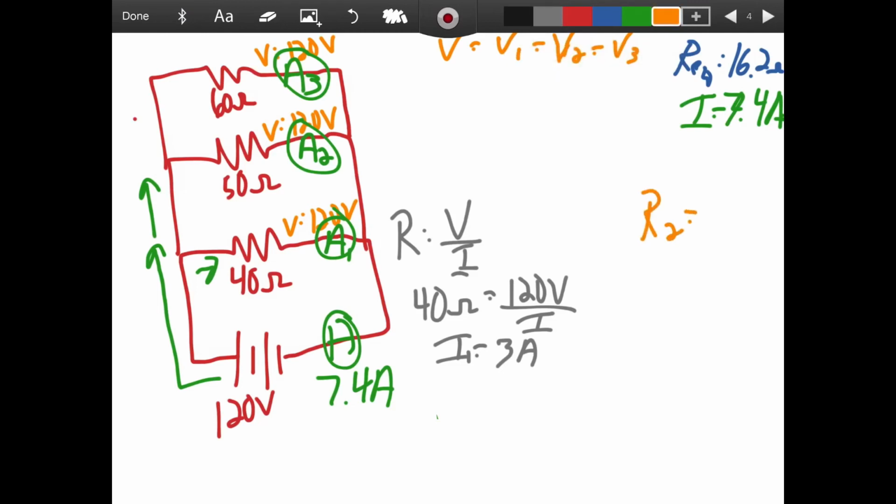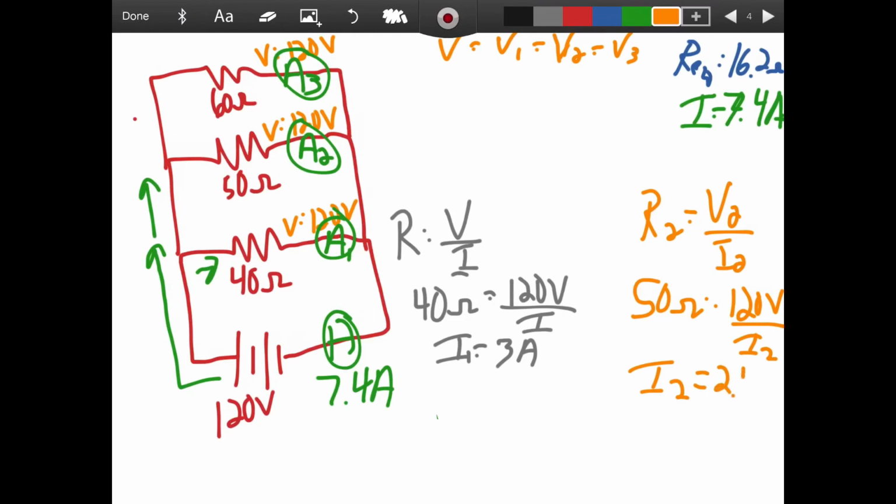Talk about R2. That's the 50 ohm resistor. Yep, the voltage is still 120 volts. And the current, cross multiply, divide, 2.4 amps of current in this second one.